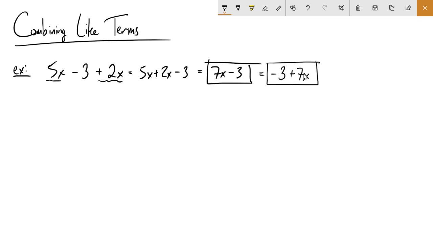Okay? Seem reasonable? What if you have multiple terms, so let's say we had minus 3x plus 2 plus 5y minus 8x minus 10y plus 8.